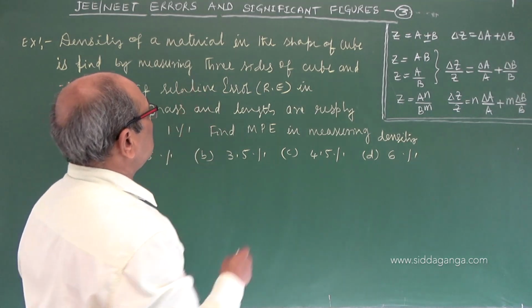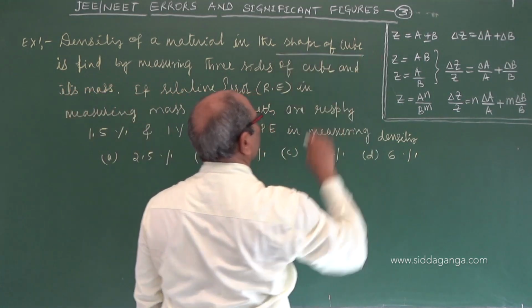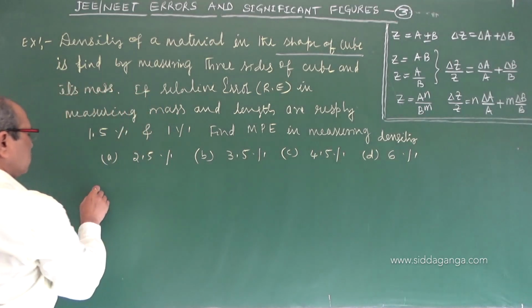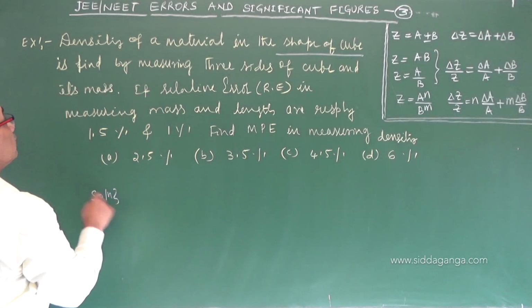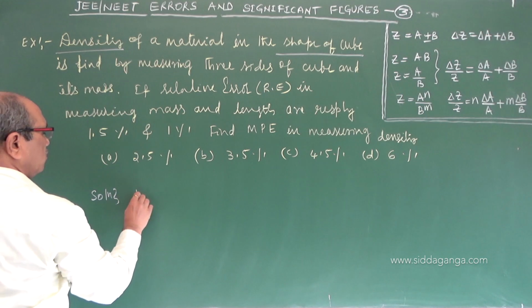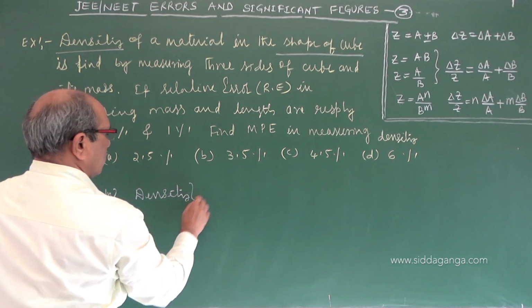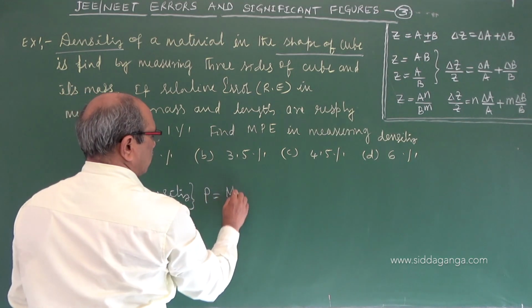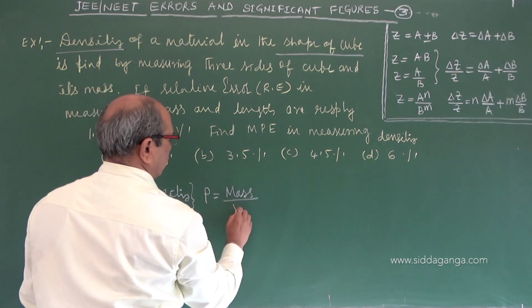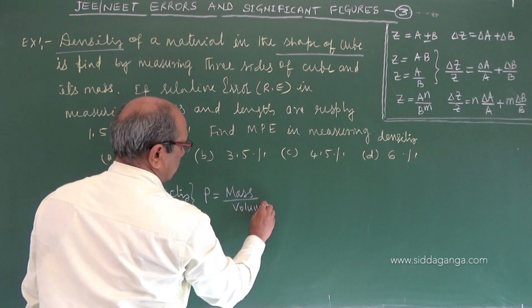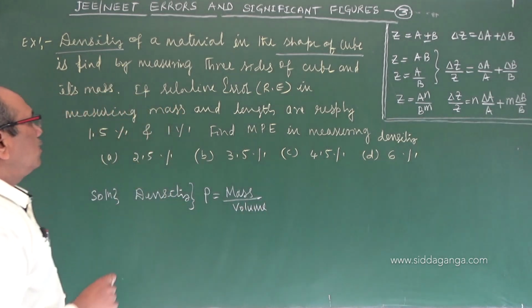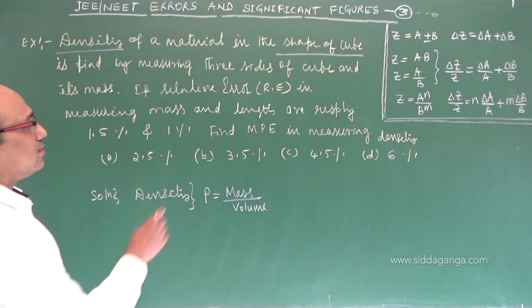The given shape is a cube. First think about the density. You know the density of any material is mass by volume. Here they mention measuring the length, three sides.